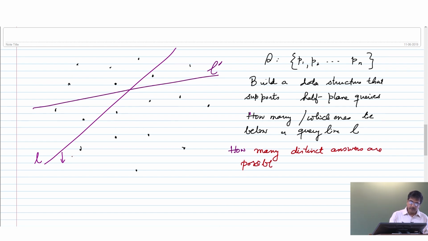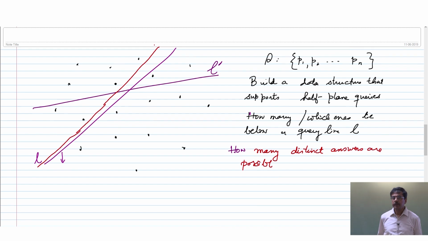So, what I mean is that this L, and let us say I take another L, very close but not quite L. So, this red line and the purple line, they will yield the same answer. Right. So, the question is how many distinct answers are possible.